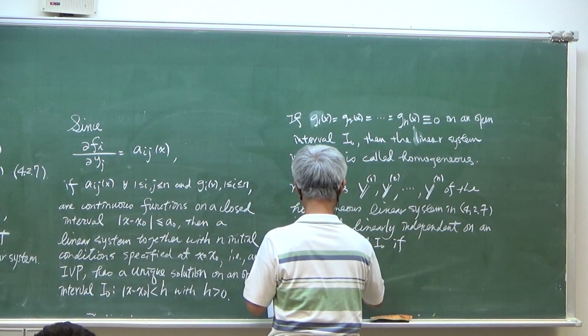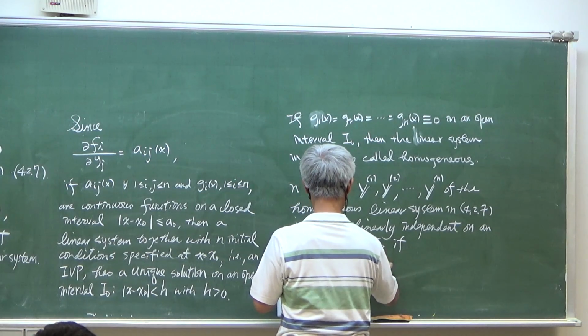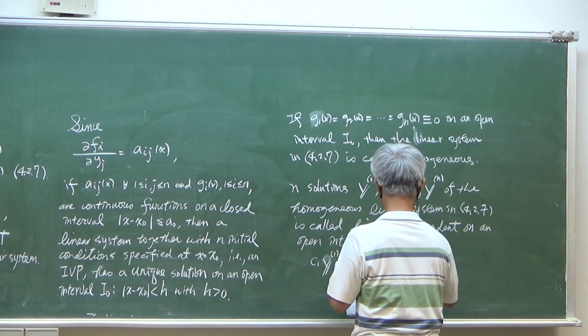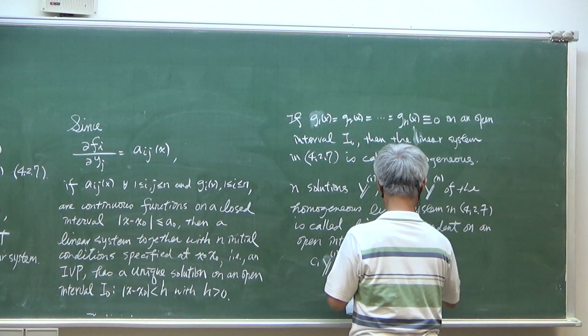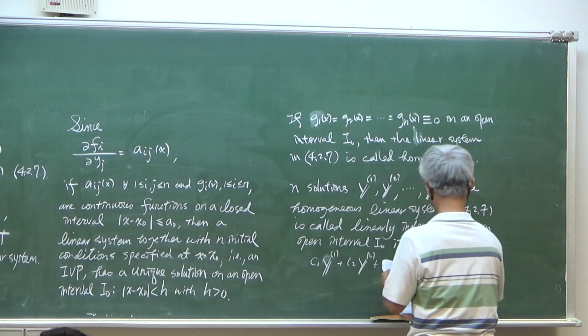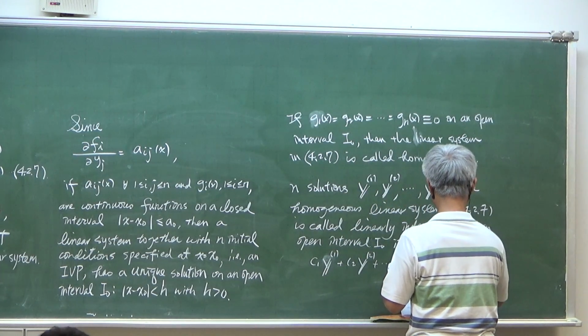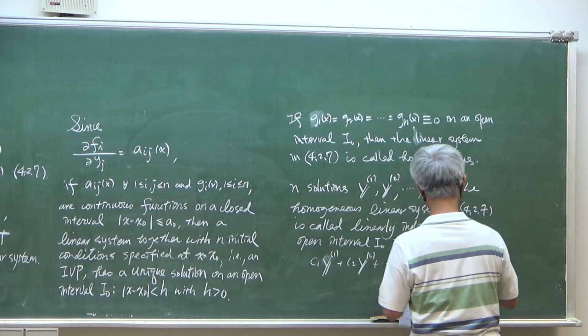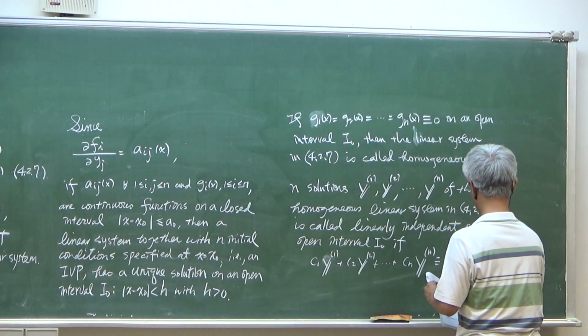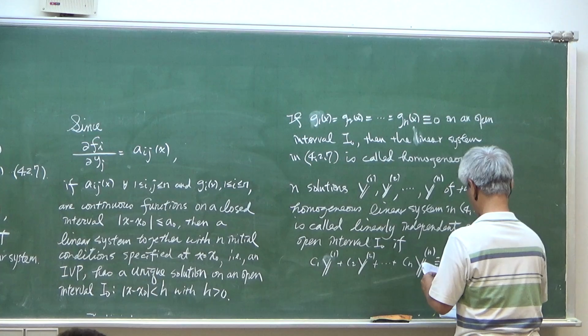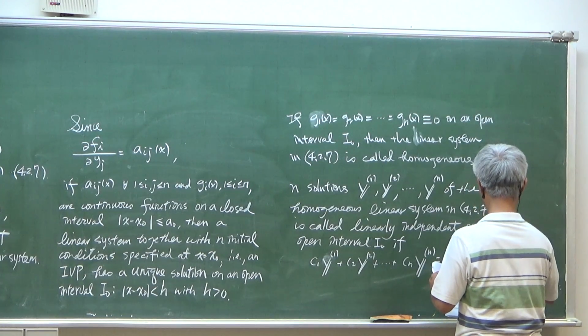c1 y1 plus c2 y2 plus up to cn yn is identically equal to the zero function.